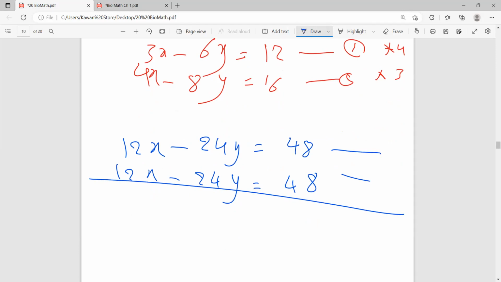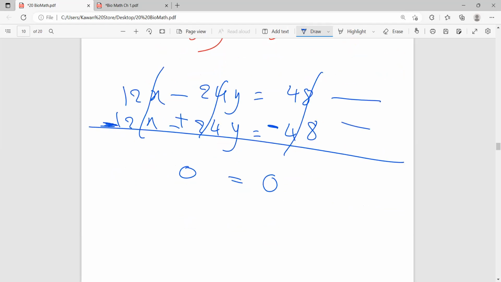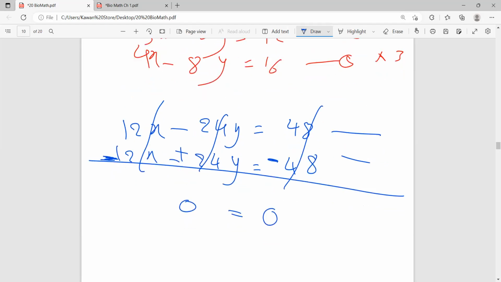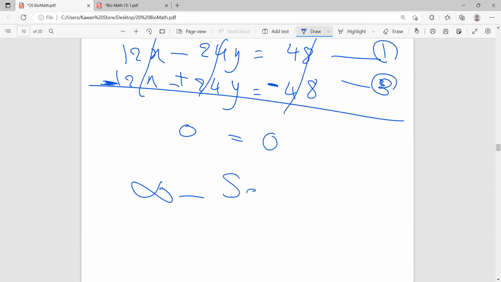If you try to multiply one of them by minus, of course, that one will be plus, that one will be minus. Am I right? So eliminate that one, you'll get 0. Eliminate that one, you'll get 0. So in that case, if I get 0, 0, or you can say both equations are the same, we have infinite solutions. Clear, dears? Did you understand everything?